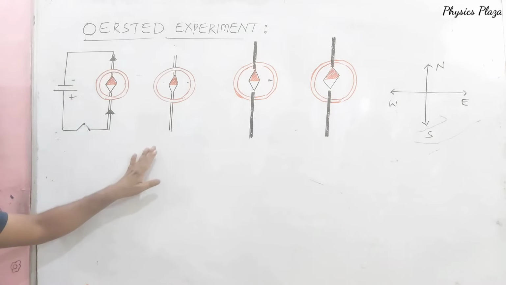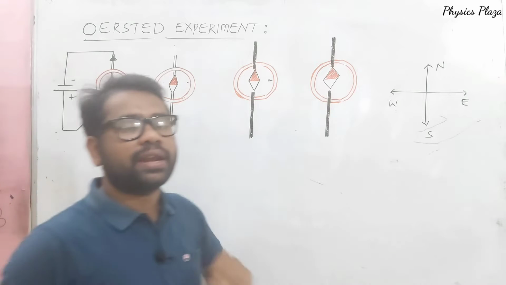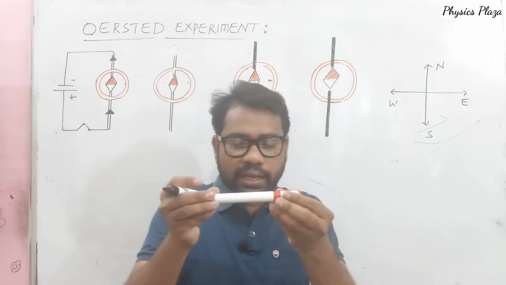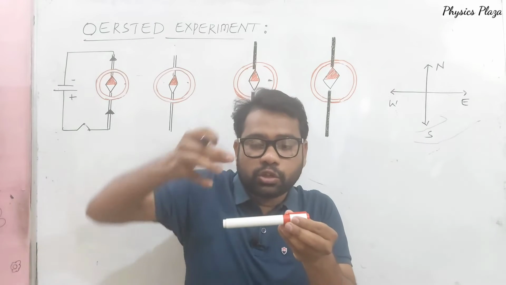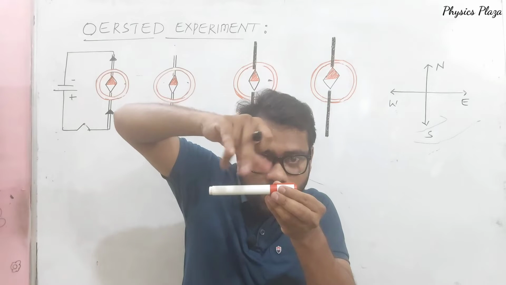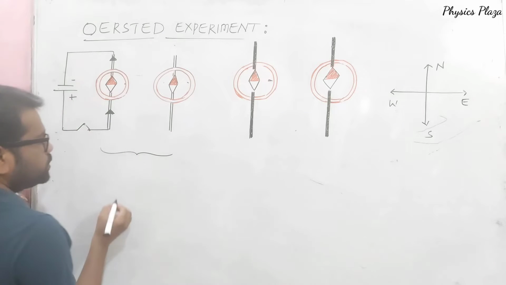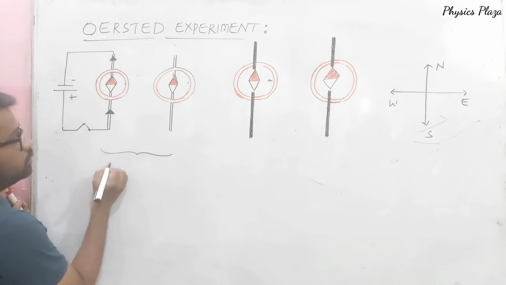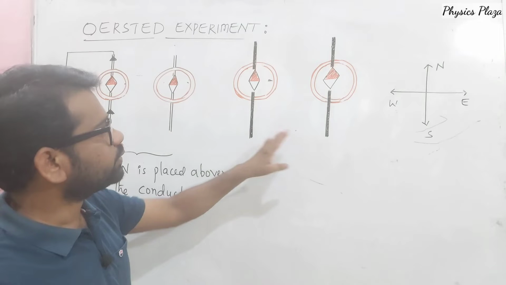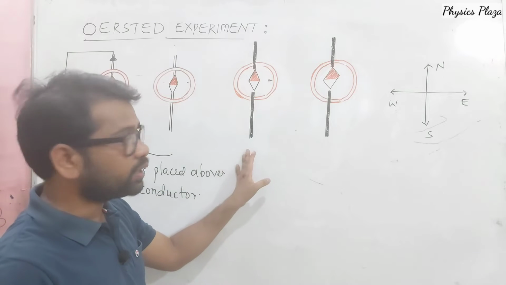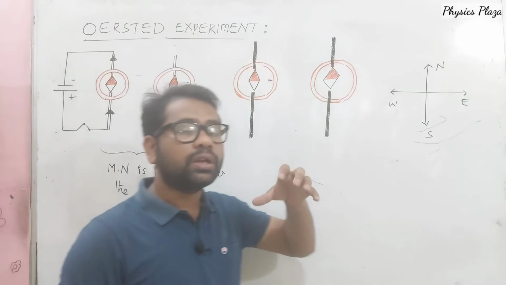In the first 2 cases, try to understand, the magnetic needle is placed above the current carrying conductor. Which means, if it is a current carrying conductor, whether current is flowing from left to right or right to left, whatever it may be, the needle is placed above this. So in these two cases, the magnetic needle is above the current carrying conductor. Whereas in these two cases, the magnetic needle is placed below the current carrying conductor.